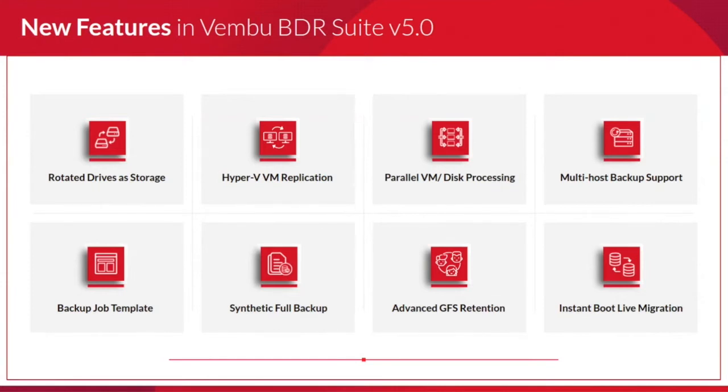If you're using the older drives for the backup destination, it just overwrites the data and sends the new backup data to it. So yeah, this is mostly used if you want to store hot backups in a different disk.